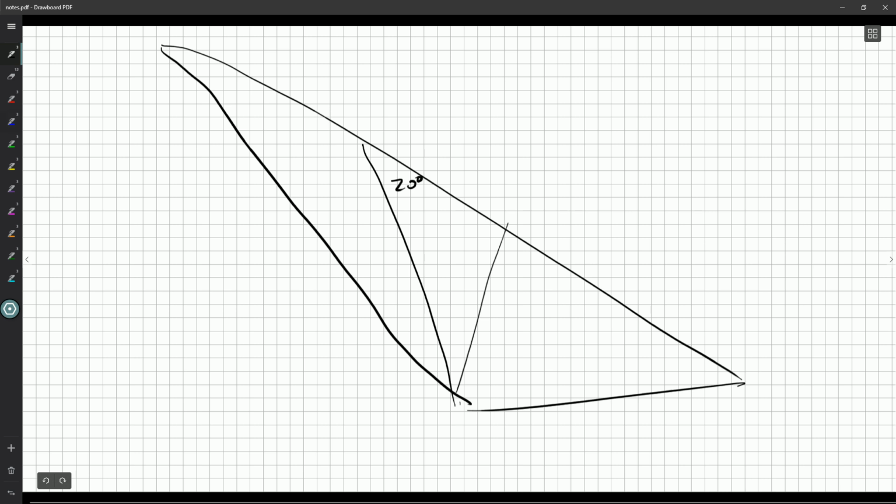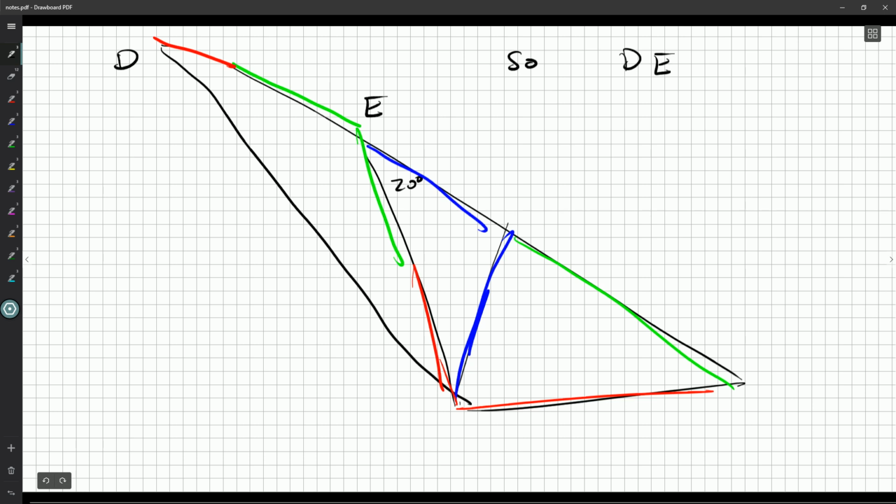We have our 20 degrees here. We have blue. I think it was red down here, and so red here. This is green, this is green. It doesn't really matter the order, I'll keep them the same, so green and then red. This is D. So DE is the same as EA.